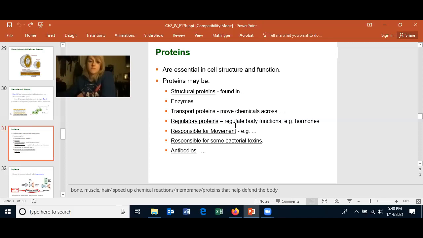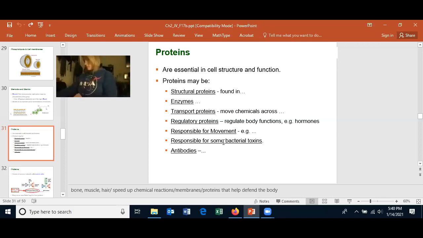Trying to remember, I've got a word there. I guess I've talked about everything. There are proteins that are responsible for some of the bacterial toxins. A toxin is something that is toxic to us, and some bacteria make a molecule which is toxic to us, and it turns out that most of them, not all of them, but most of them are proteins.